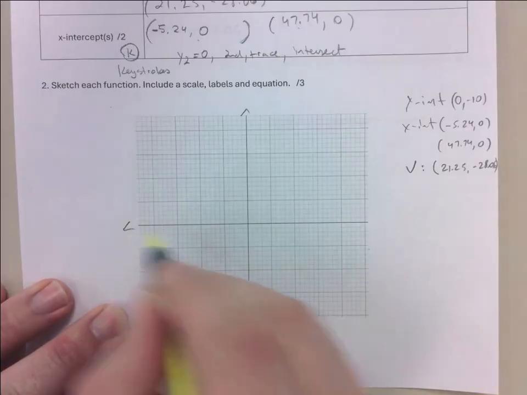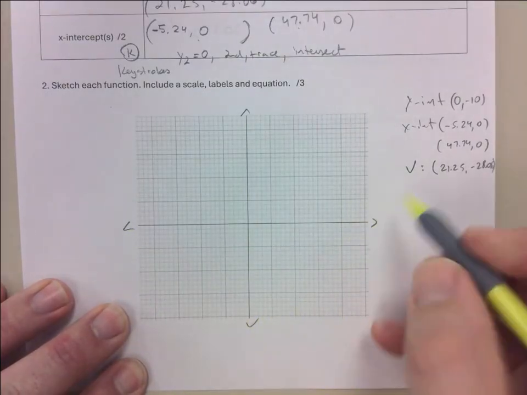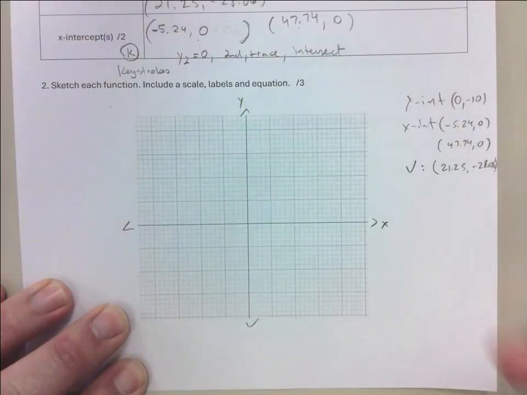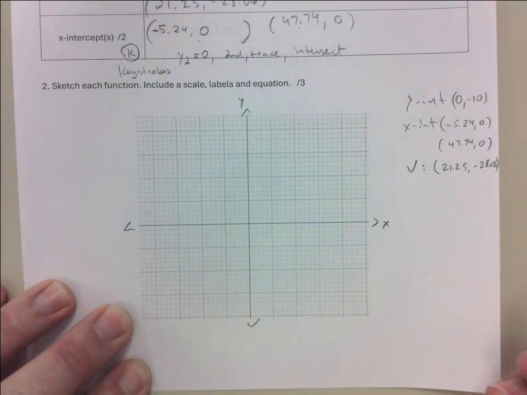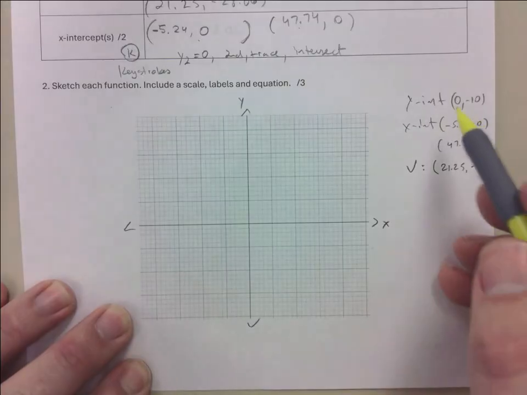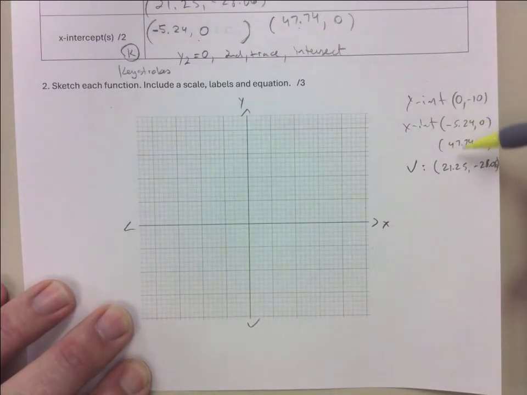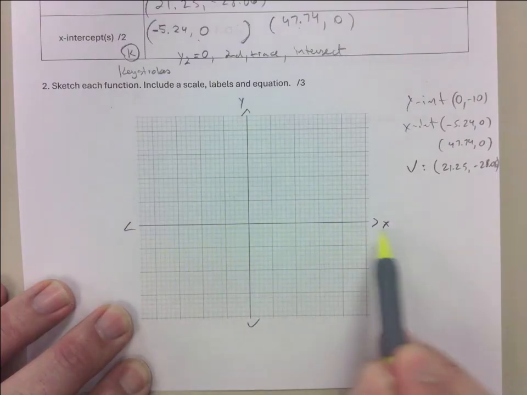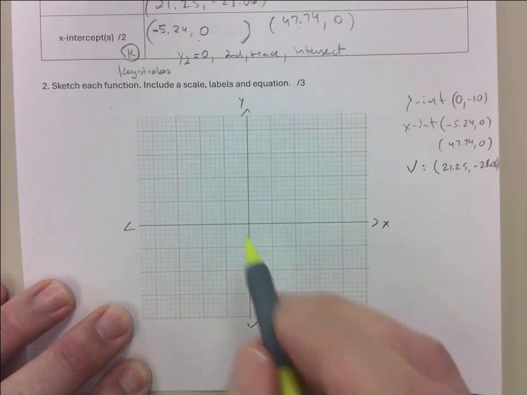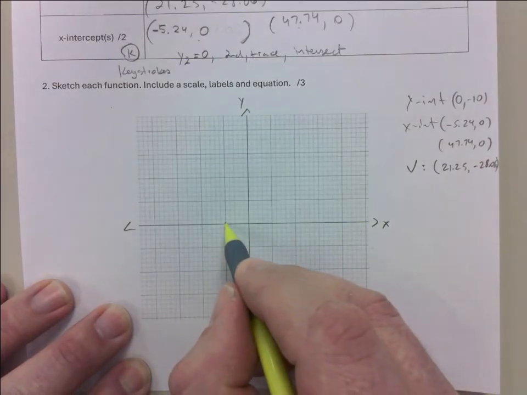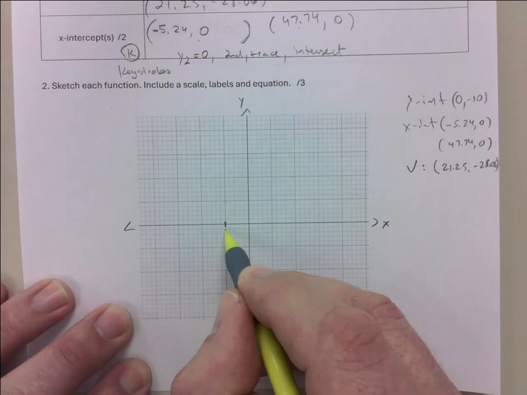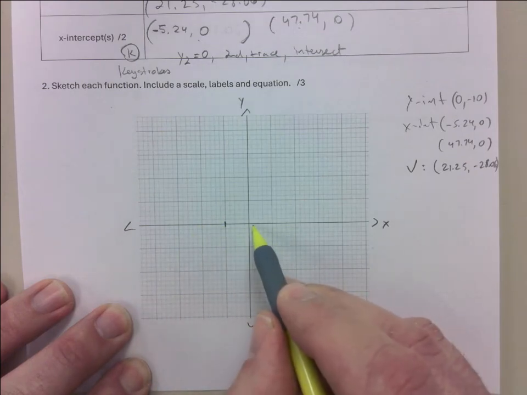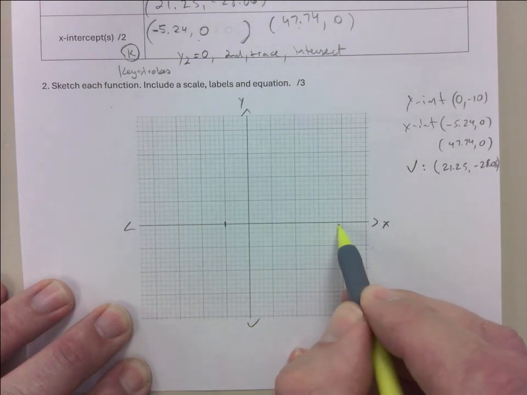So the first thing is arrowheads on your axes, you go X and Y. Okay, that's part of your labeling. So now you need to figure out, guys, the x-intercepts are going to help me figure out what my x scale is. So let's try something. If this is negative 5, if you go up by 5, you're going to be in trouble because it's like 5, 10, 15, 20, 25.